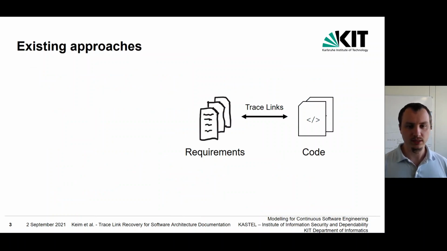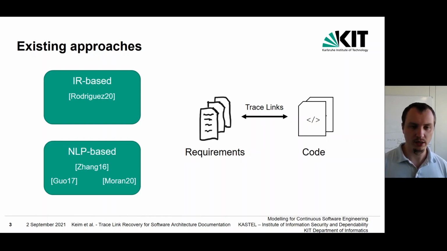When looking at existing approaches in this area, most tracelink recovery approaches connect requirements to code. There are two main directions here. We have, on one hand, information retrieval-based approaches, and we have approaches that are based on natural language processing, including machine learning approaches.